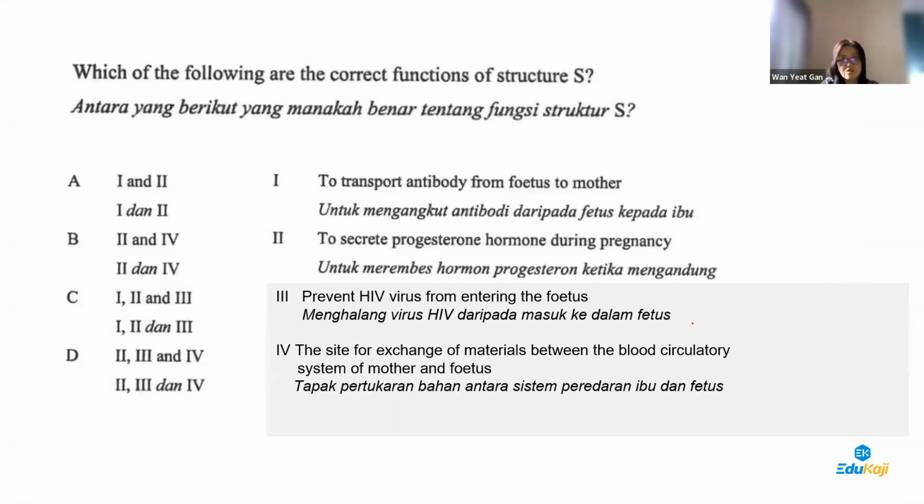To secrete progesterone hormone during pregnancy, so this is correct. Prevent HIV virus from entering the fetus, this is not true because a mother who is pregnant can pass the HIV virus to the fetus through the placenta. The site for exchange of materials between the blood circulatory system of the mother and fetus, okay, so this is correct. The answer is B.